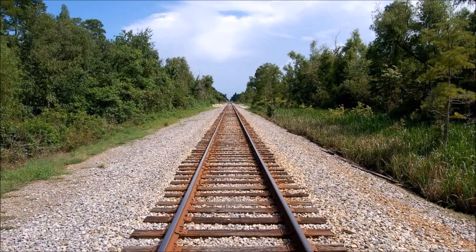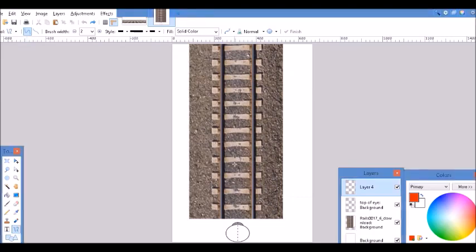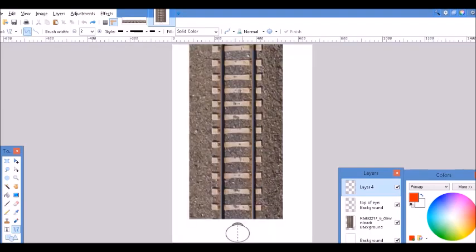So, how do our eyes render the convergence of the railroad tracks? To understand this, we need to look at the railroad tracks from a different vantage point. Let's look at them from above this time, from a bird's eye view, so that we can learn exactly how the tracks seem to converge at a vanishing point.